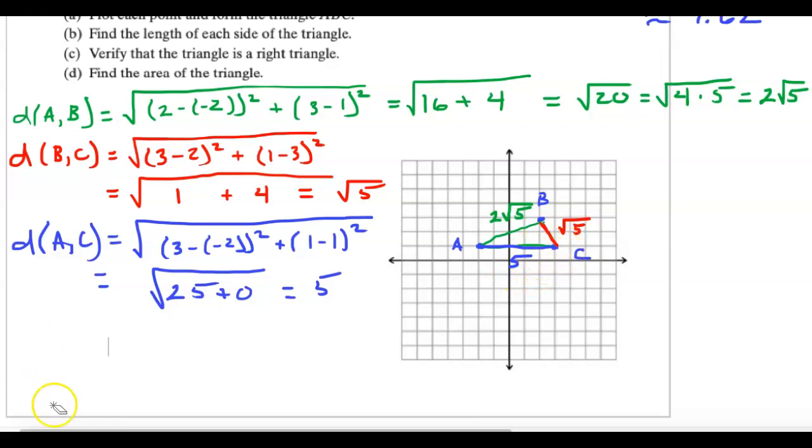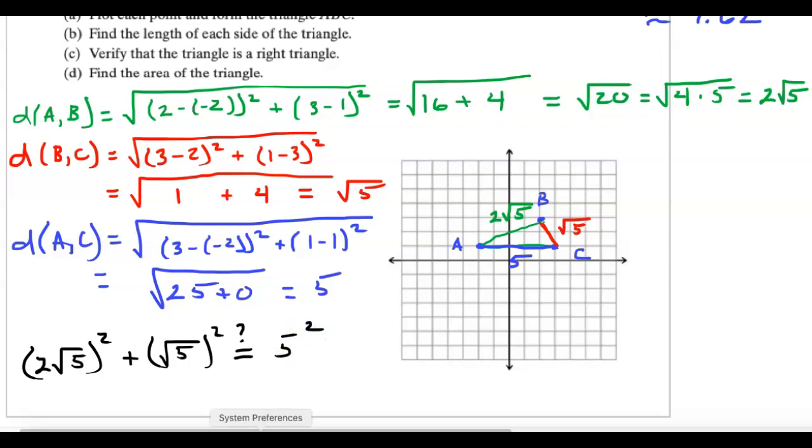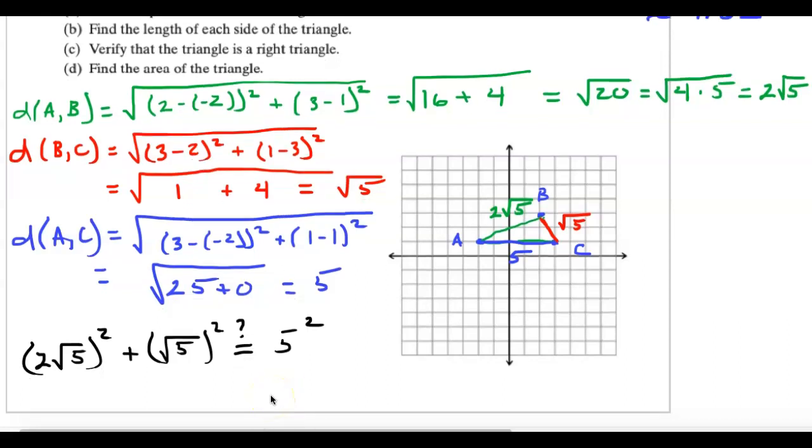So we've got 2 times radical 5 squared plus radical 5 squared. And we're asking ourselves, does that equal 5 squared? That's what we're trying to show, to see if it is a right triangle.